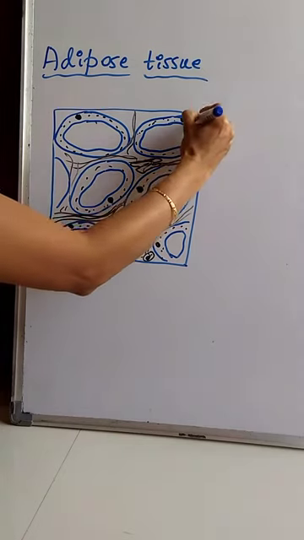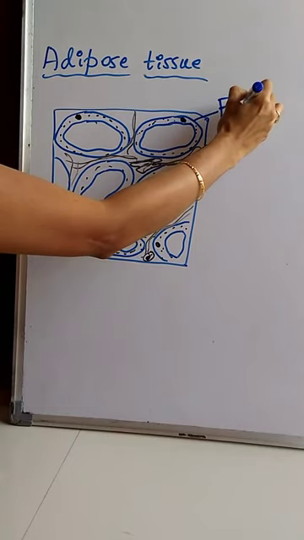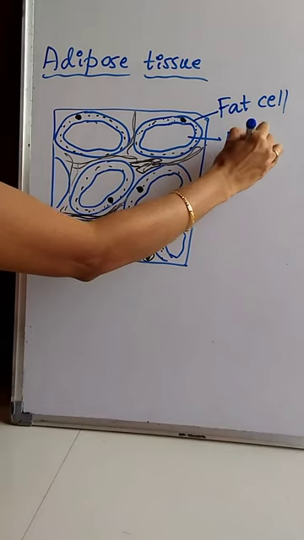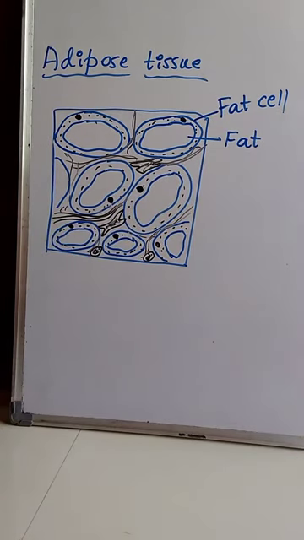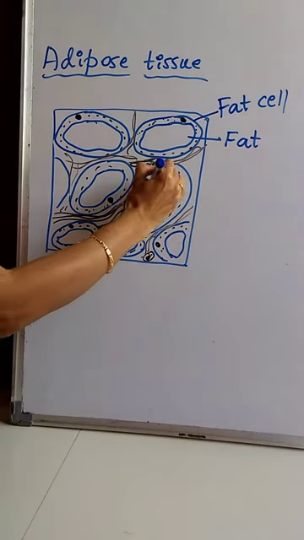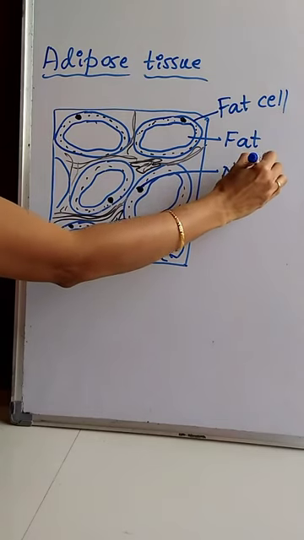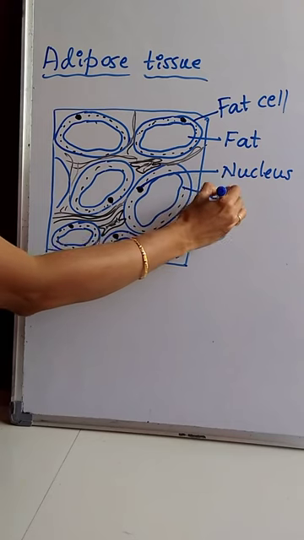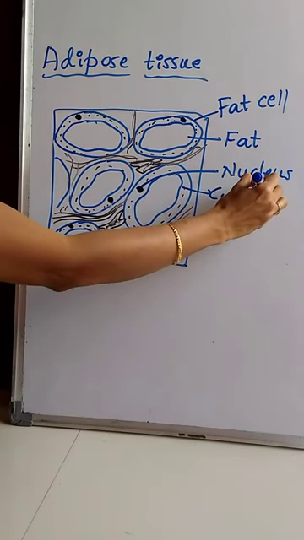So this is the fat cell, and this is the fat droplet, and this one is the nucleus. It is present at the periphery, and this is the cytoplasm.